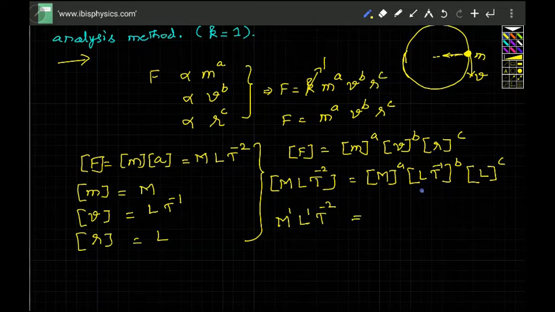On the right, M power A remains, and L T power minus 1 whole power B, so B gets multiplied to both terms: L power B, T power minus B, and then L power C.